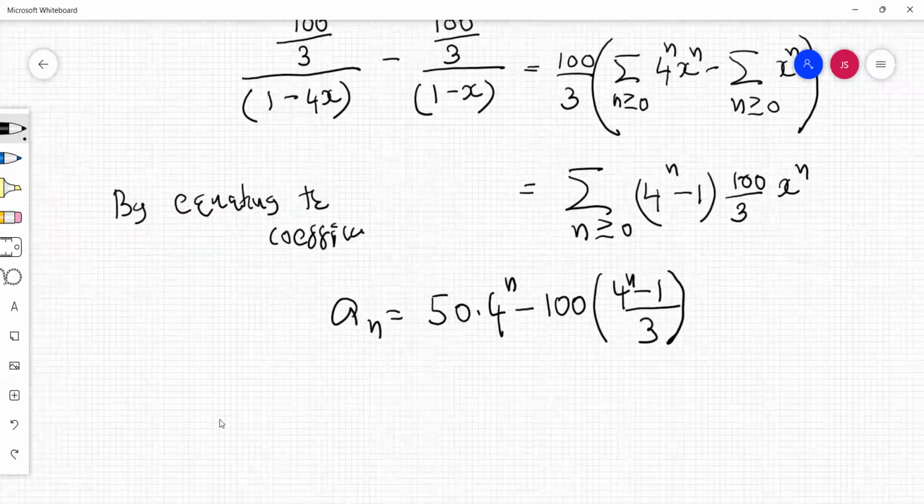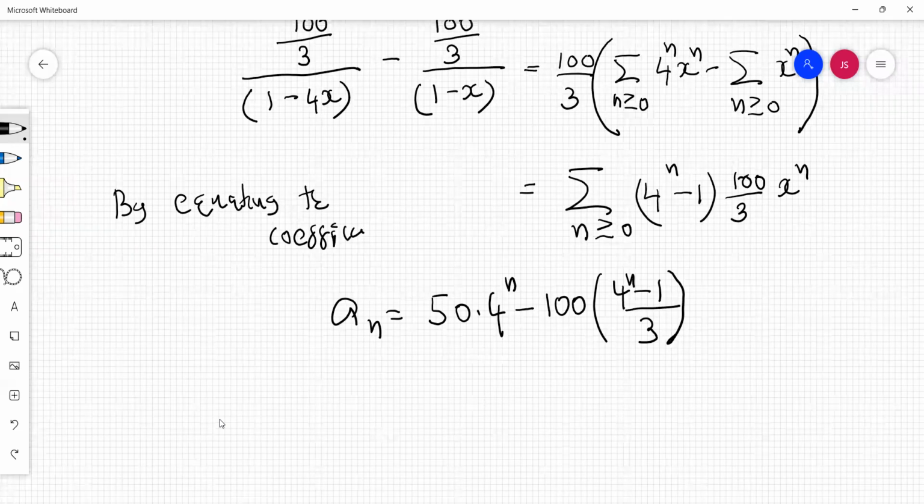Okay, actually we solved that recurrence relation, right? So we found the closed form expression for the recurrence relation. Here we used the generating function technique. That's a common technique to solve that kind of recurrence relation, actually, right?